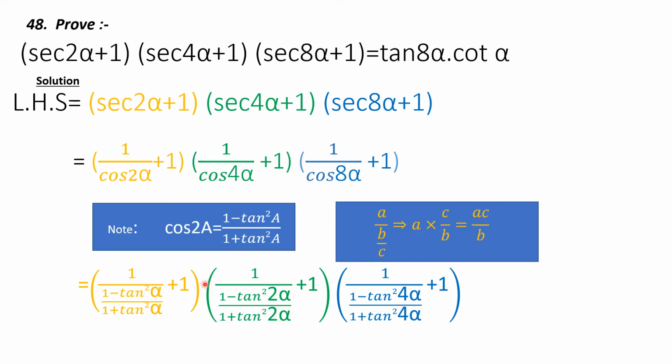Similarly, instead of this, we can write 1 plus tan square 2 alpha over 1 minus tan square 2 alpha. Similarly, 1 plus tan square 4 alpha over 1 minus tan square 4 alpha.